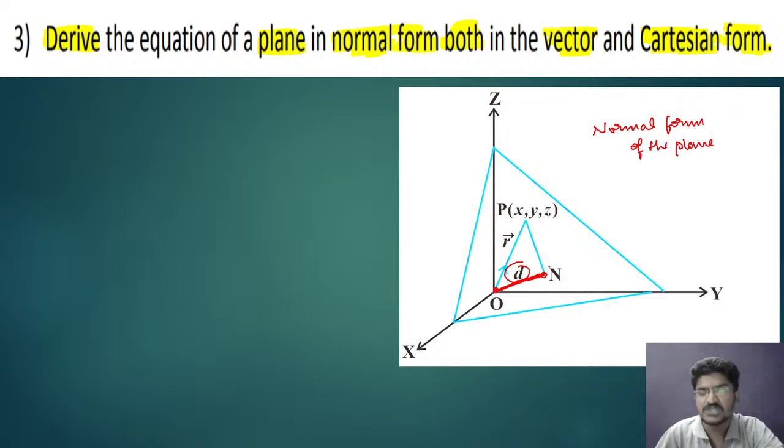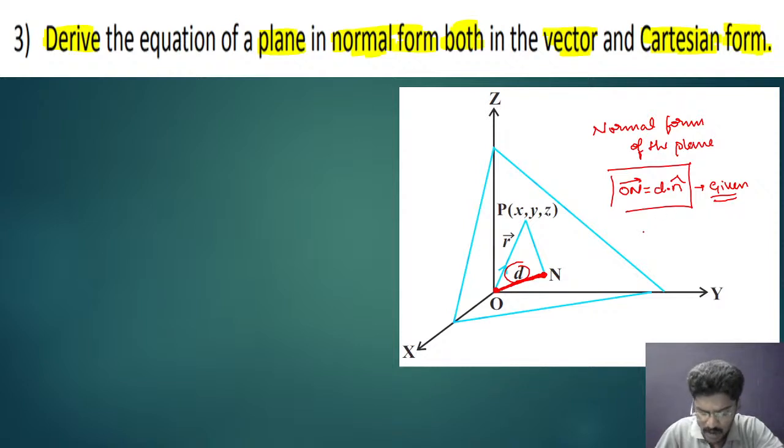Whenever you draw this diagram, you draw this perpendicular distance from the origin, and that is vector ON. Here the distance is d and the direction is along n cap. In problems this will be given, but in the theorem you have to write it on your own.